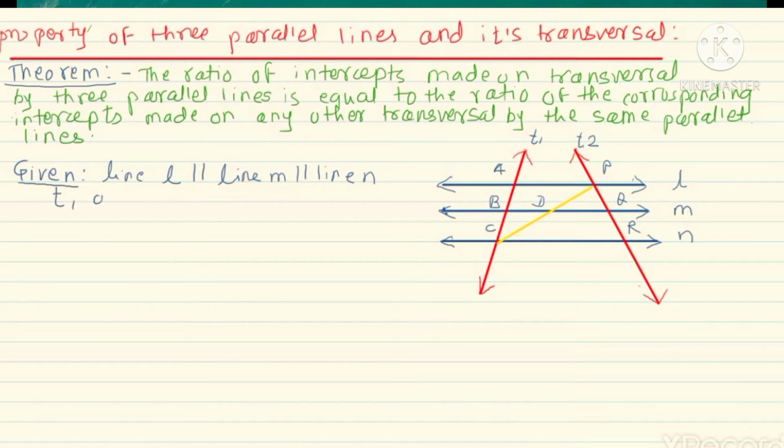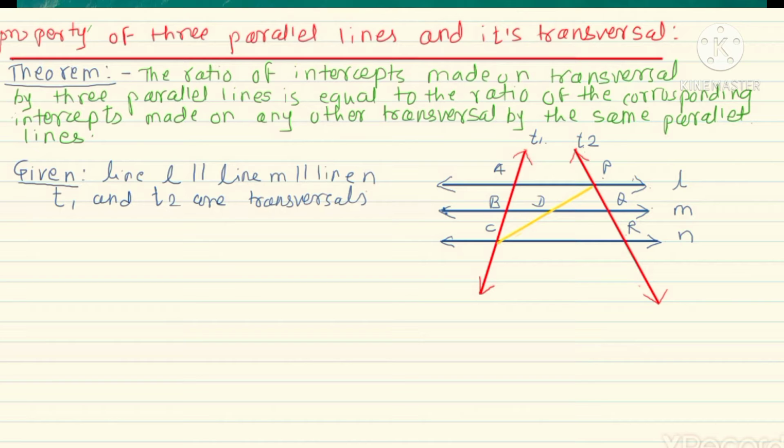You can also write T1 is intersecting lines L, M and N in points A, B, C, and T2 is intersecting lines L, M and N in points P, Q, R. But I am writing this part in short, only what is necessary, and that is what I have written here.